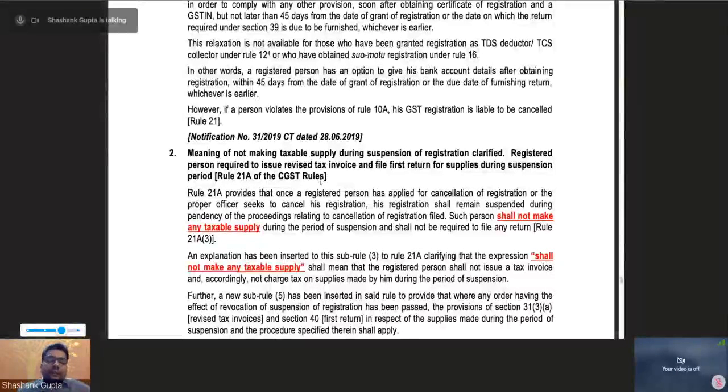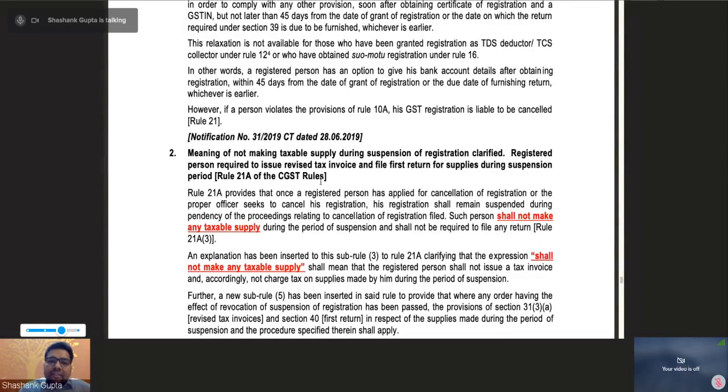Another point which was clarified was, suppose the officer finds out that the person has wrongly claimed cancellation of registration and that he is liable to be registered under GST, so he does not allow cancellation of registration.